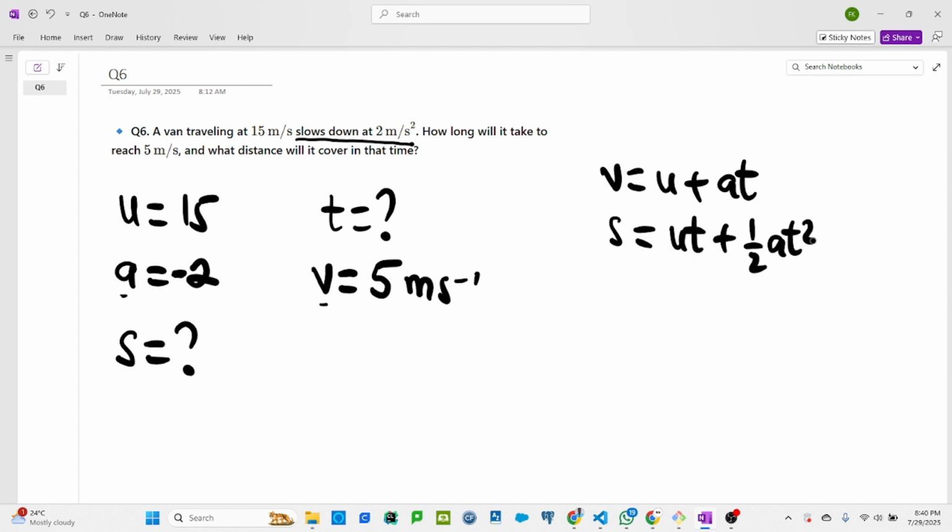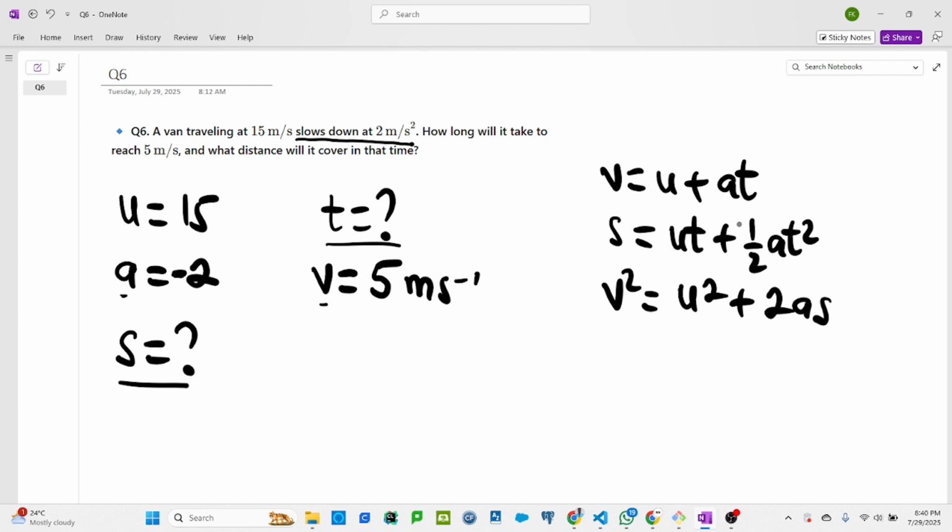If you solve questions like this, you'll get used to the equations of motion easily. So which of the equations are we going to use? They are looking for time and they are looking for what again? Distance. So first, let's look for time.